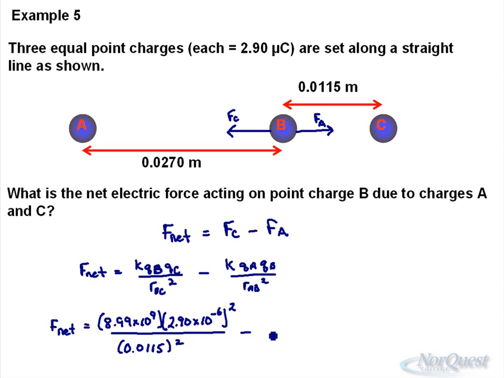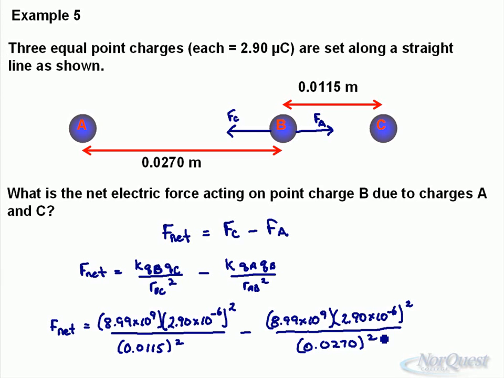Then we're going to subtract 8.99 times 10 to the 9 times, again, the charges, 2.90 times 10 to the negative 6 squared, and divide by the distance between A and B, 0.0270 squared.